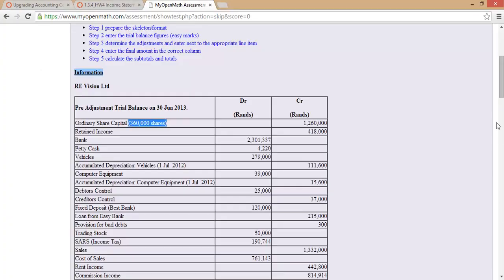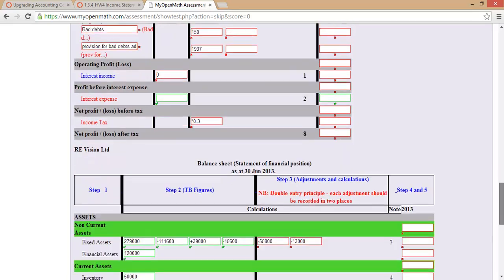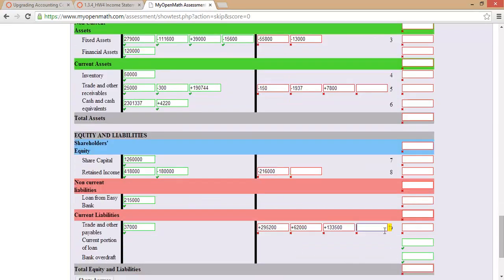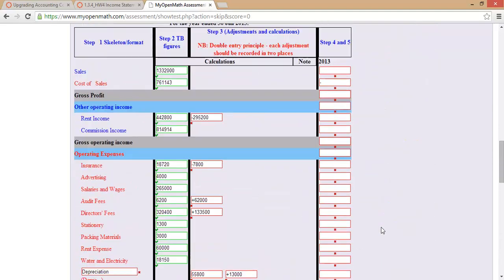Right, so let's quickly process that. We're going to minus 216 on retained income, and we're going to increase our liability with 216,000 rand, which is the shareholders for dividends. And we are done with our adjustments.